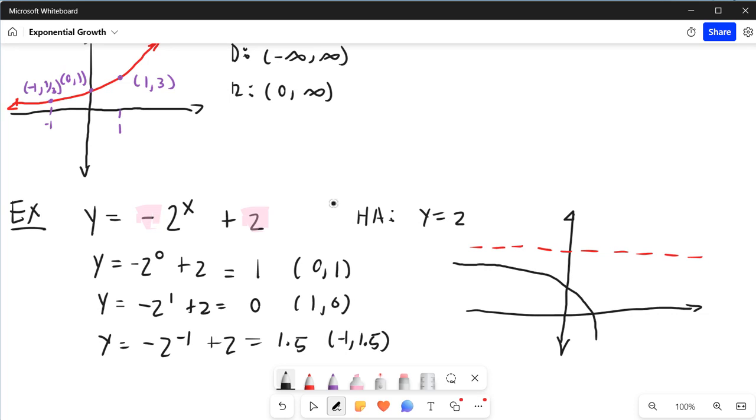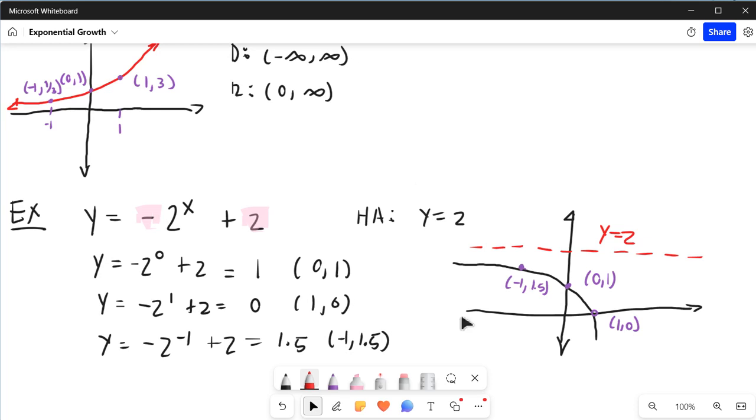Okay, so here I am giving a rough sketch where it passes through 0, 1, and it passes through 1, 0. And then, of course, you can plot -1, 1.5. So maybe that'll be right about here. So that'll be -1, 1.5. Now, this one right here, this is y equals 2. That's the horizontal asymptote, as we can see.